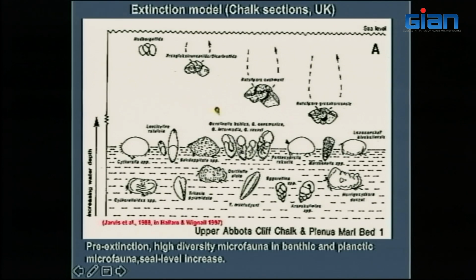These two here especially belong to a group, the Rotaliporidae, which have an interesting life cycle, meaning that during the life cycle they go down and up, down and up.